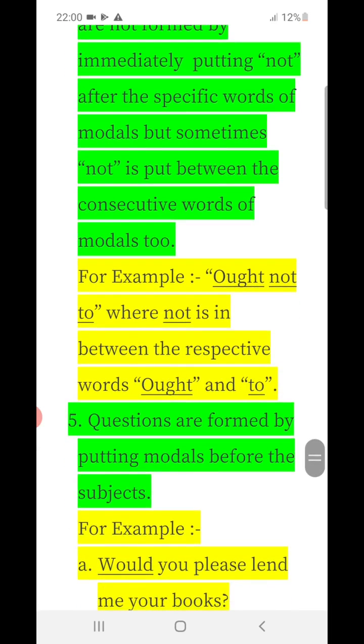Unlike cannot, in which not is after the word can or specifically acting together with it. So to make a word, or better to say, the sentence itself, negative.